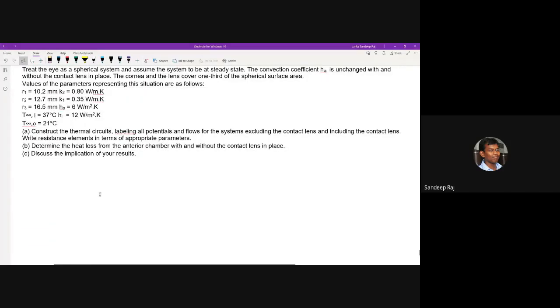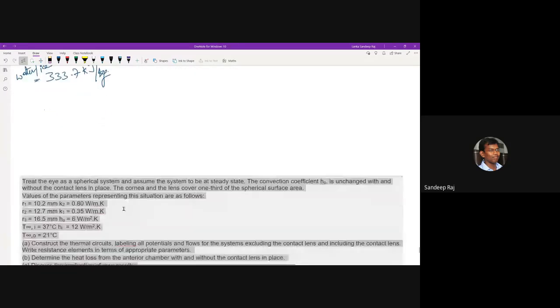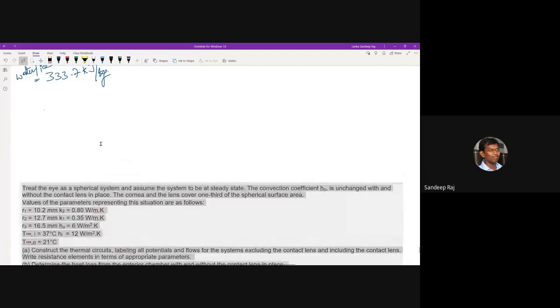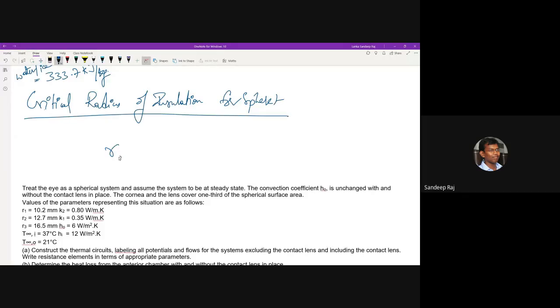Here is how your question goes. Okay. Before this question, let me tell you a simple thing: the critical radius of insulation for a sphere. For a cylinder, somebody tell me what is the formula?